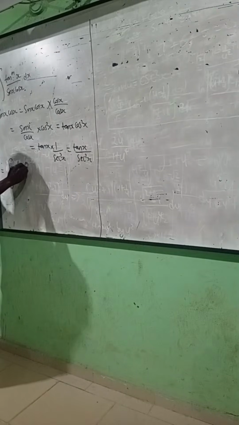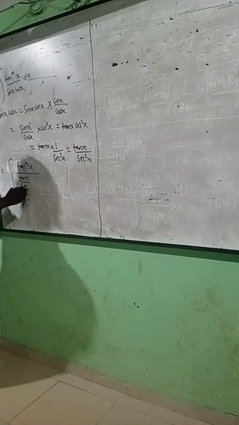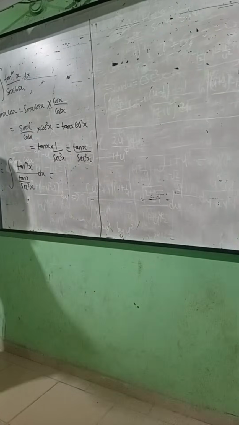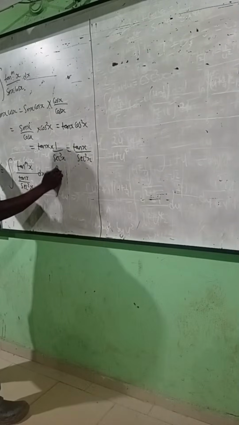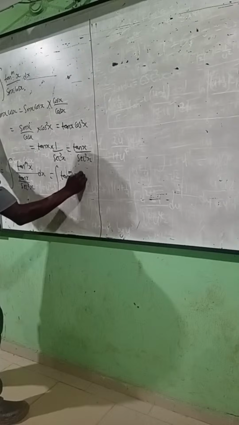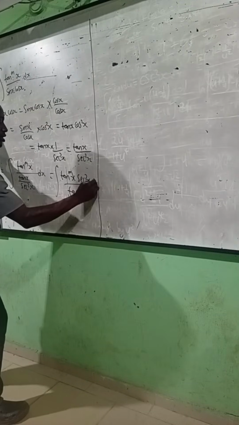Tan raised to m of x over tan x over sec square x dx. Sec square x can go up, right? So here we have what? Integral of tan x raised to m sec square x divided by tan x dx.